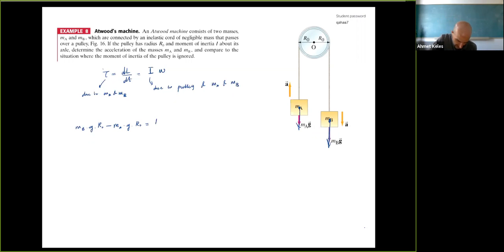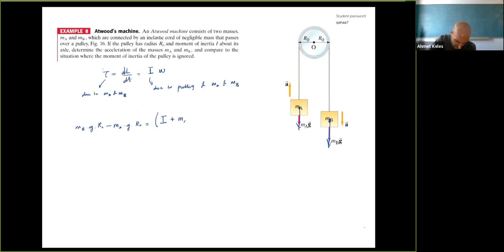Now I will write I pulley times alpha, or maybe I can write it like this. Total I is I pulley plus the contribution coming from this mass, MA, whose perpendicular distance is R naught, and squared is R naught squared.